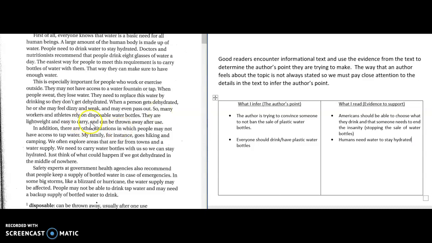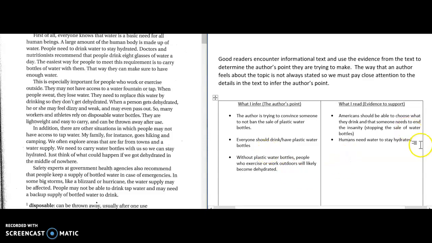They are lightweight and easy to carry and can be thrown away after use. So my inference is that without plastic water bottles, people who exercise or work outdoors will likely become dehydrated.